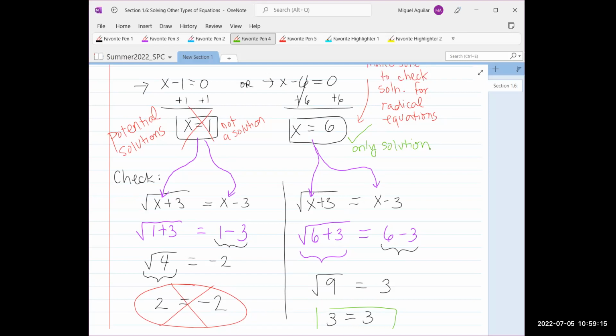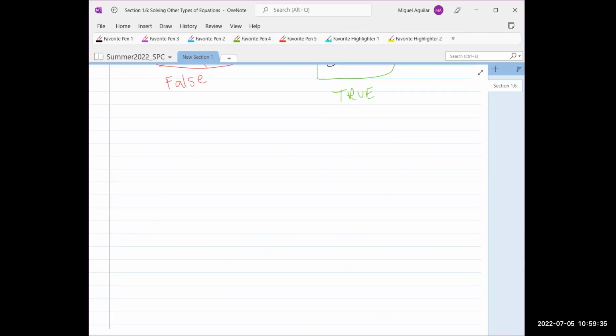We're going to do one more example of this type. Just so that we get some practice looking at different roots, let's solve the following equation.